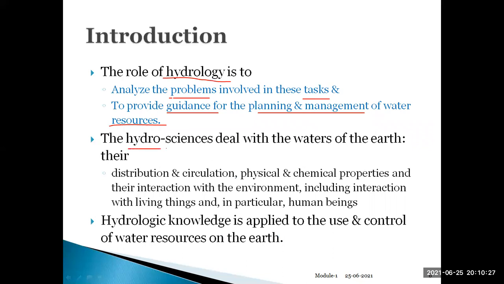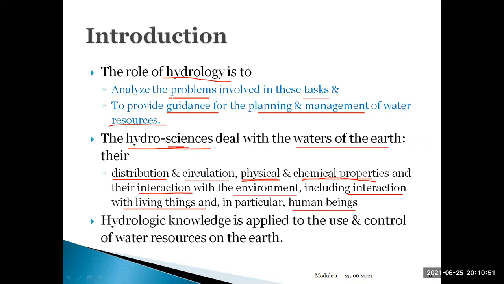Coming to hydroscience, hydroscience deals with the water of the earth and its distribution, circulation, and physical and chemical properties. As we are talking about science, it includes physical and chemical properties and their interaction with the environment, including interaction with living things and, in practice, human beings.